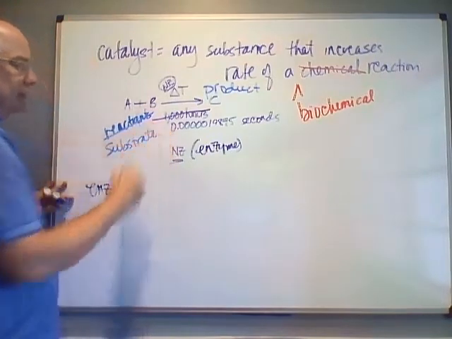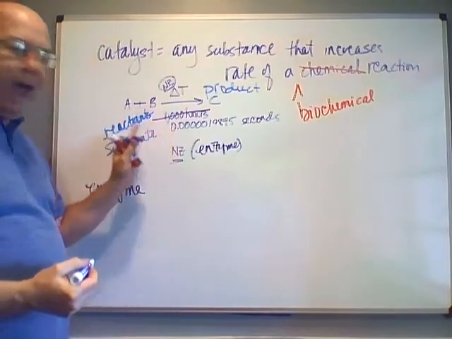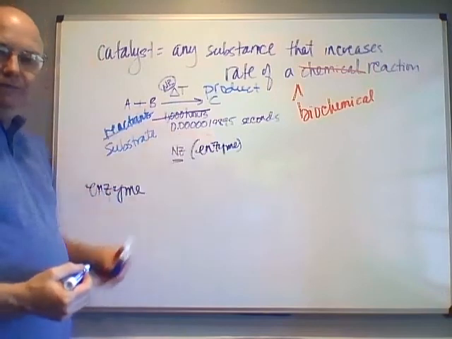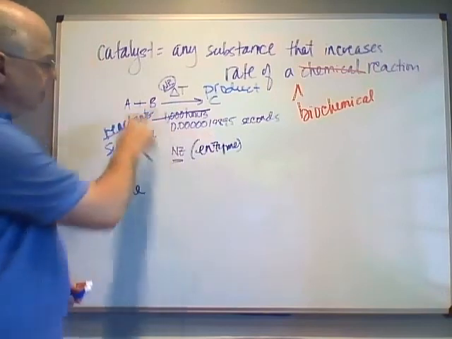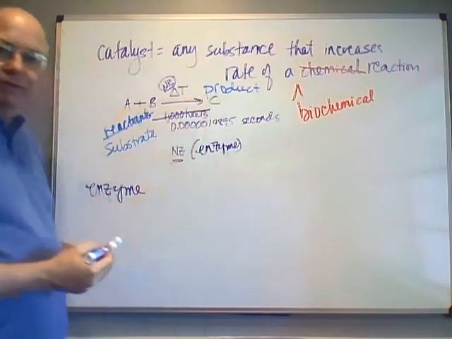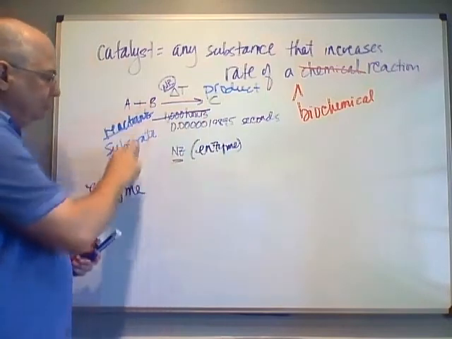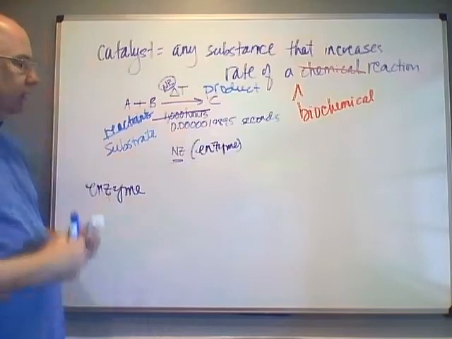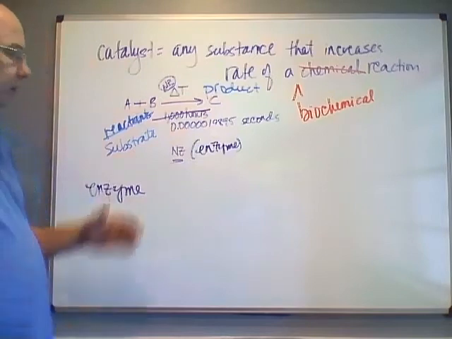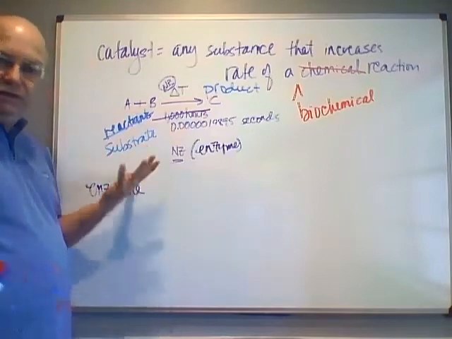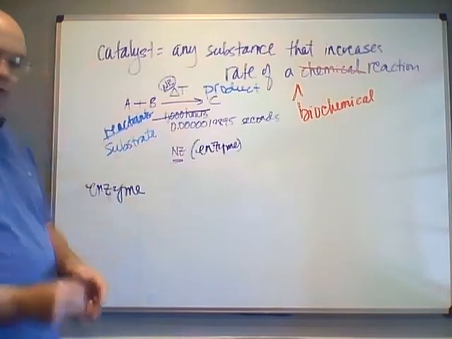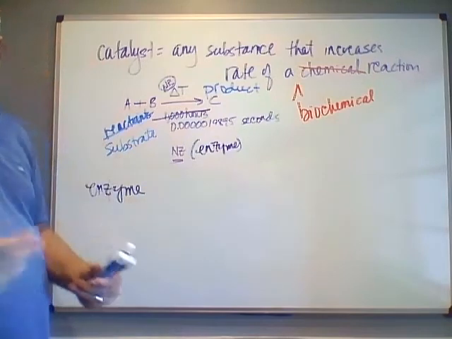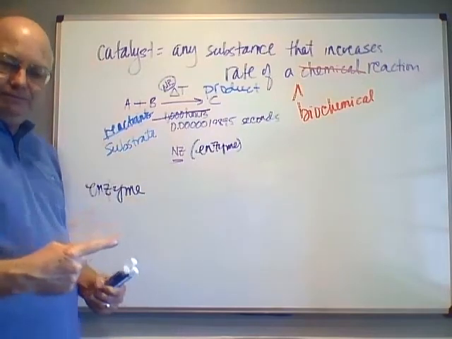The substrate is any substance acted on by an enzyme. So if we're going to combine two amino acids into a dipeptide, then the amino acids would be the substrates, the product would be the dipeptide. So in biochemistry, we call the reactants substrates. Essentially, it's the same definition. Okay, it's any substance acted on by an enzyme.